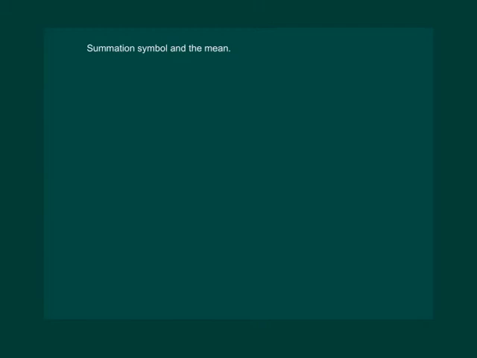In the previous example, we had x bar, that is mean, equal to x1 plus x2 plus x3 plus x4 plus x5 whole divided by 5. Since there were only 5 people whose hours spent were asked, it was easy for us to write.